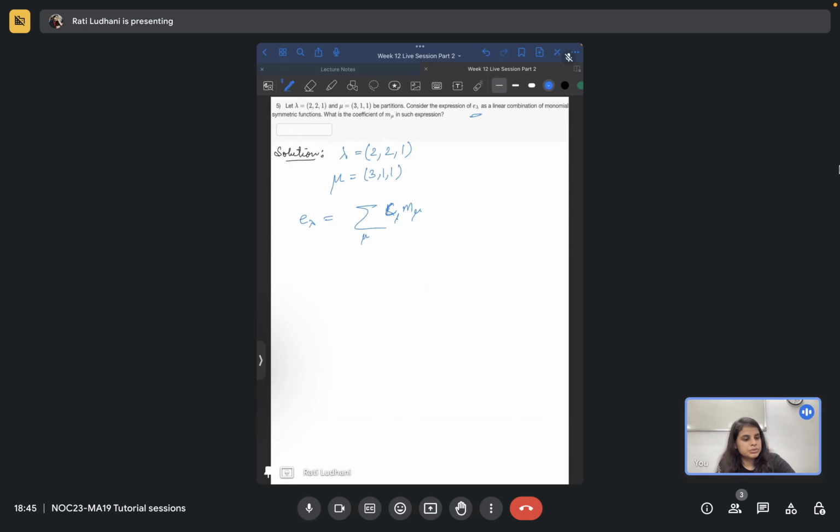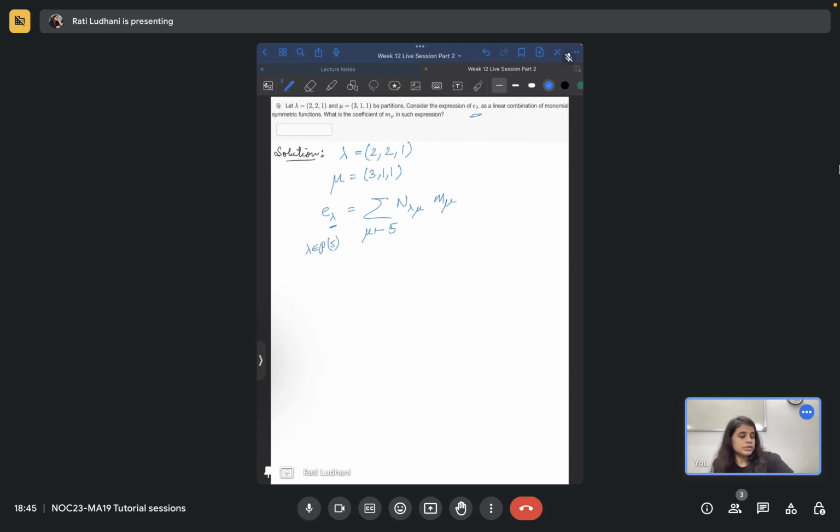So we'll get the coefficient N lambda mu times m mu. So we know that e lambda is equal to the sum of N lambda mu m mu, and mu is a partition of 5, right? Because lambda is a partition of 5.